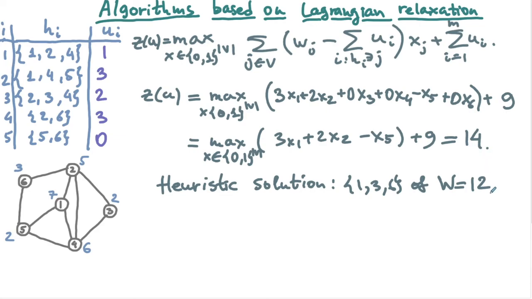So we know that the solution is somewhere between 12 and 14. So how do we close this gap between the bound and the current heuristic solution? Let's look at the Lagrangian dual here, and let's try to analyze what can happen with our variables.